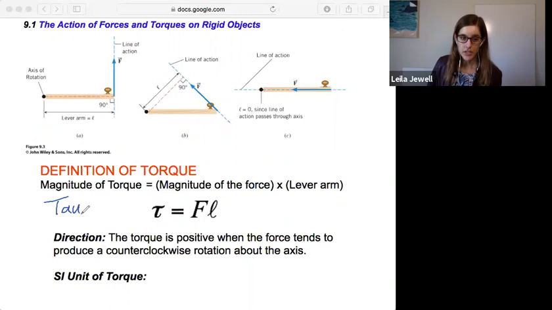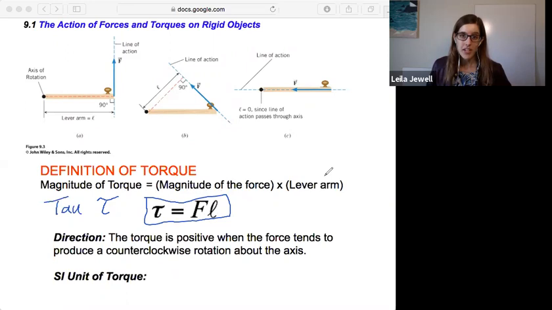So it's a curvy T as shown. I will often try to write it with an extra curve on top and a curve on the bottom to make it clear that it's not capital T like our period or our tension force. So you want to make sure you draw that carefully. This is a really great equation. So this is one that's going to pop up a lot. You do want to pay attention to it.